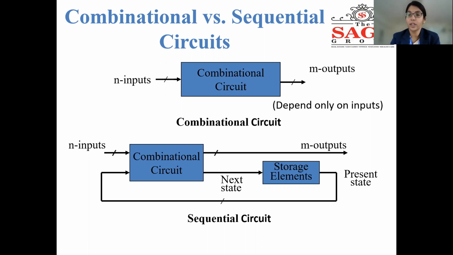A sequential circuit consists of a combinational circuit along with storage elements, known as memory elements, because the output of a sequential circuit is dependent on the present input as well as the past output. To store that past output, you need storage elements, and flip-flops are mostly used for this in sequential circuits.